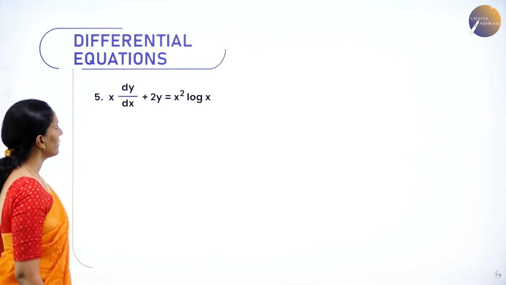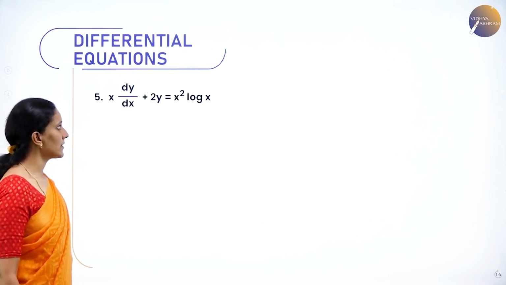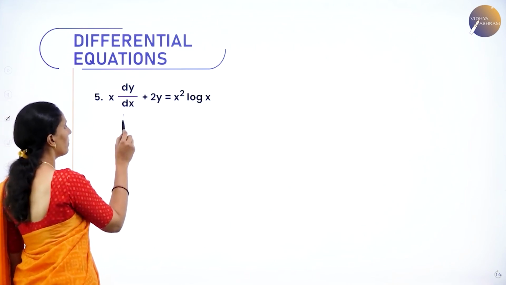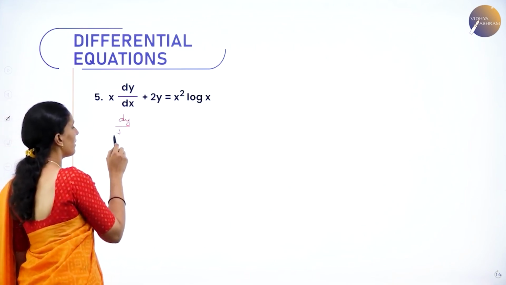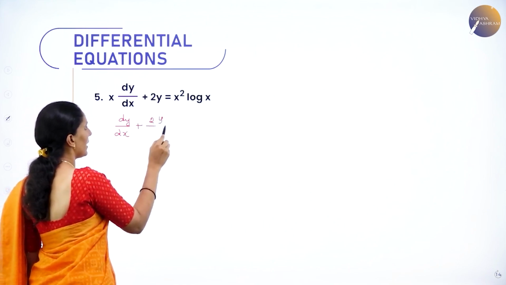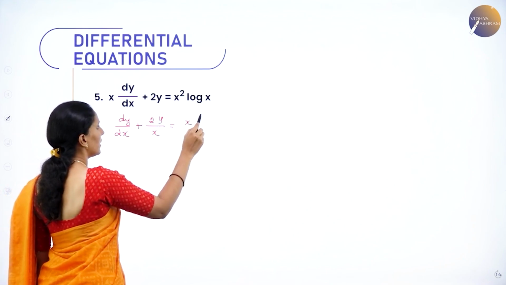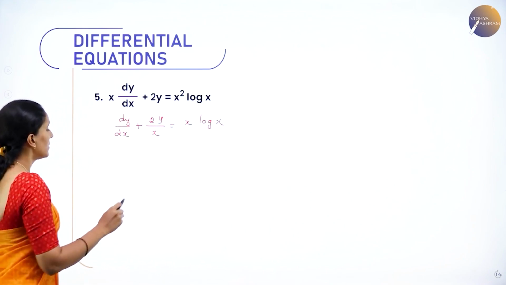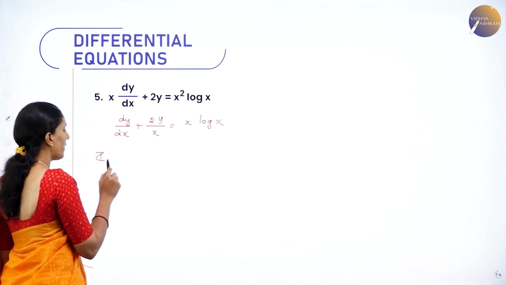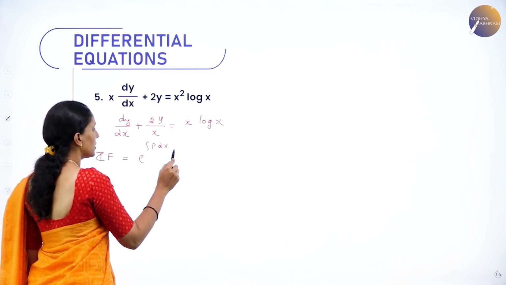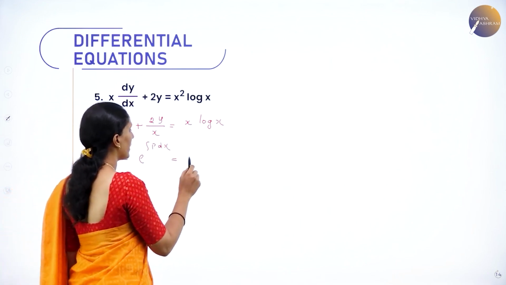Next, x into dy by dx plus 2y is equal to x square log x. Dividing throughout by x, we get dy by dx plus 2y by x is equal to x log x. Now the integration factor is equal to e to the power integral of p dx. What is p here? It is 2 by x.